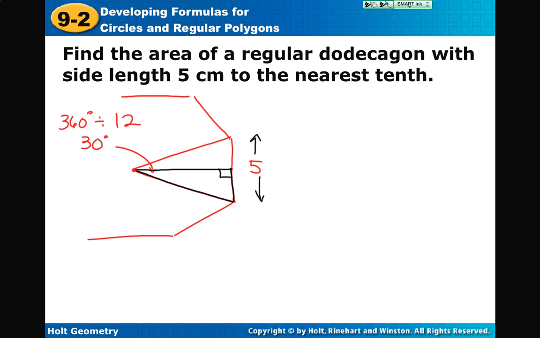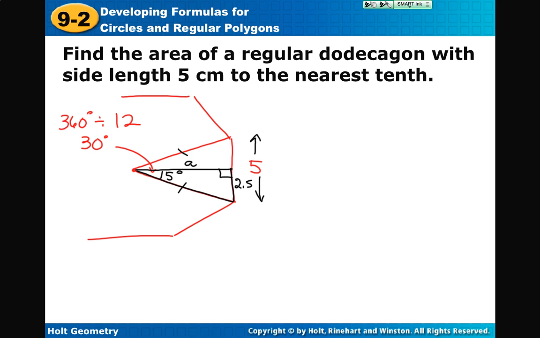When we put a perpendicular in that kind of isosceles triangle, it always cuts it in half. So instead of 5, now we have 2.5 for that little piece. This angle, the 30 degrees was the whole central angle. But now in my triangle, it's not 30 degrees. It is half of that, 15 degrees.